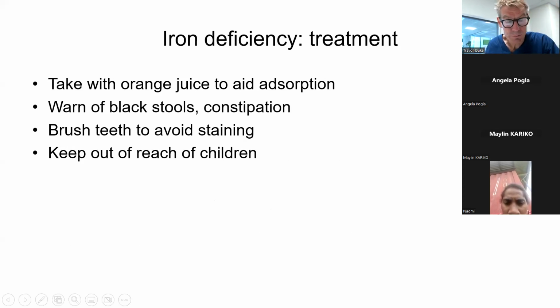I think maybe we'll stop there. We've covered quite a lot about different forms of anemia. I think perhaps next week we might talk about thalassemia and sickle cell disease, because there's a lot to cover.